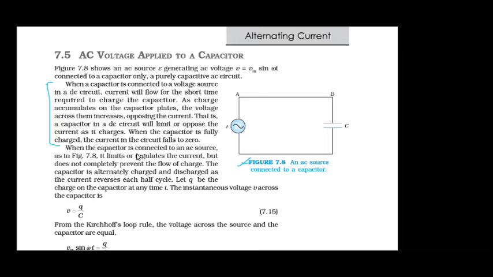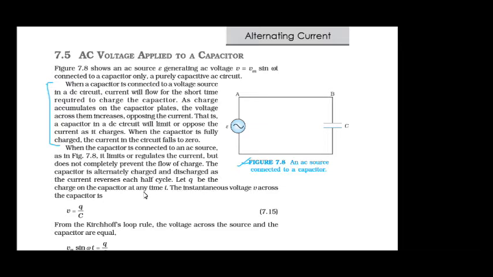When the capacitor is connected to an AC source, as in figure 7.8, it limits or regulates the current but does not completely prevent the flow of charge. The capacitor is alternately charged and discharged as the current reverses each half cycle.